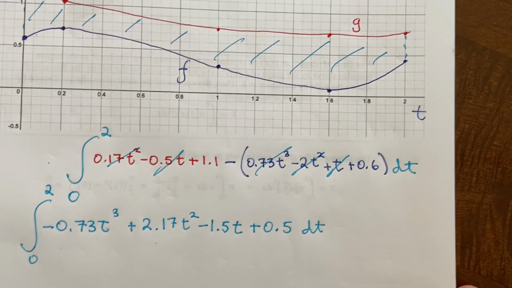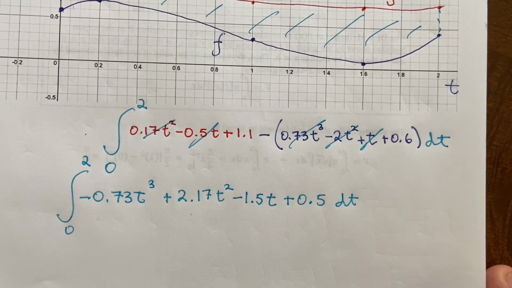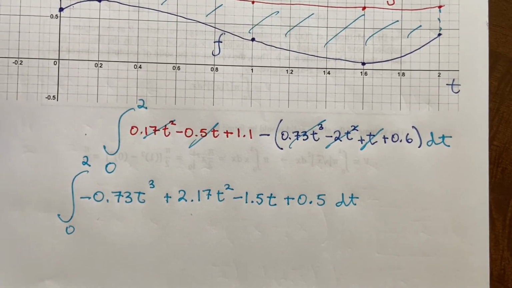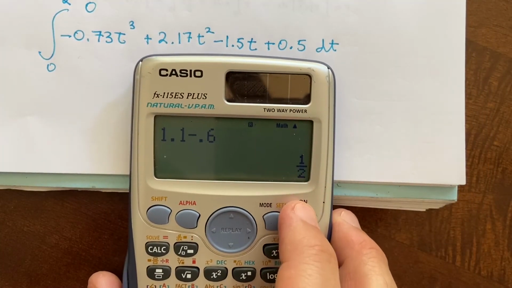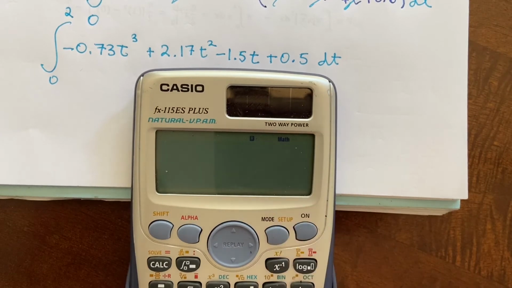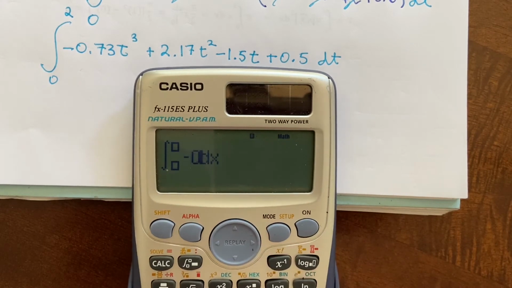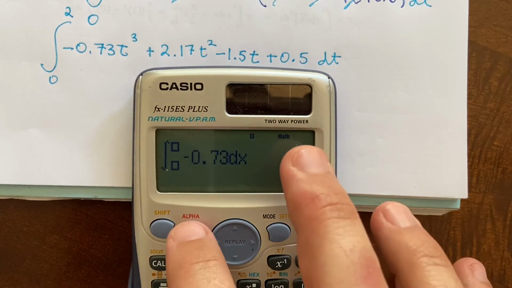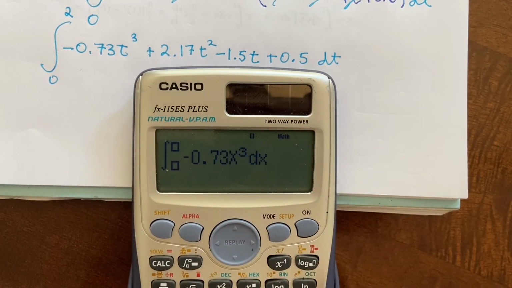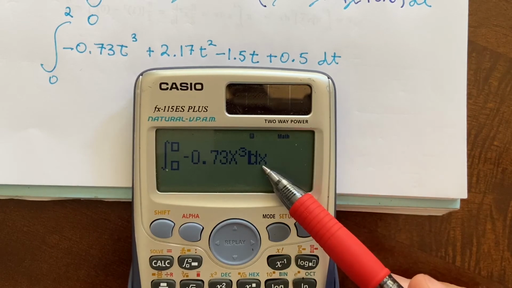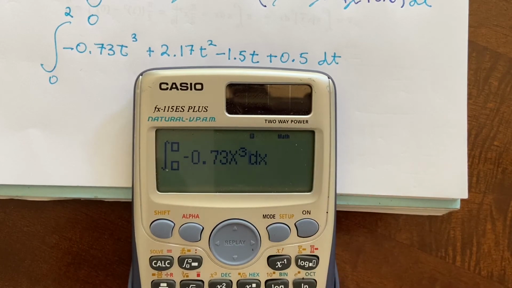All right, just to save a bit of time, I'm gonna use the calculator. So integral, I'll go ahead and type this in. So negative 0.73, I'm going to use x, because the differential operator here is with respect to x, so I have to reference that variable.